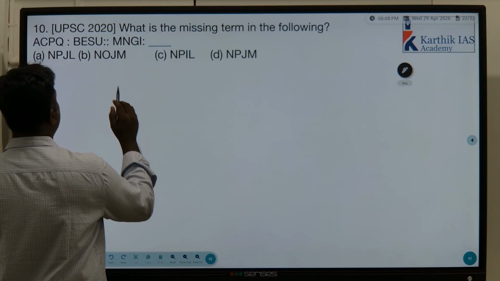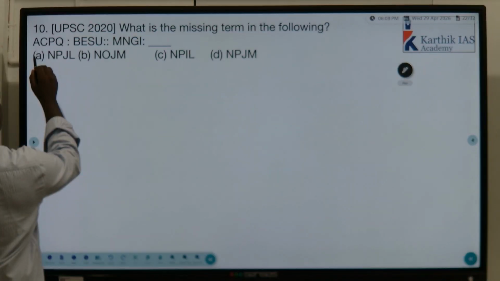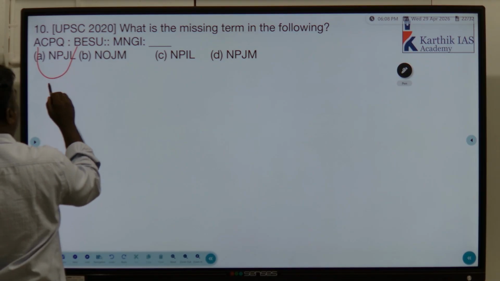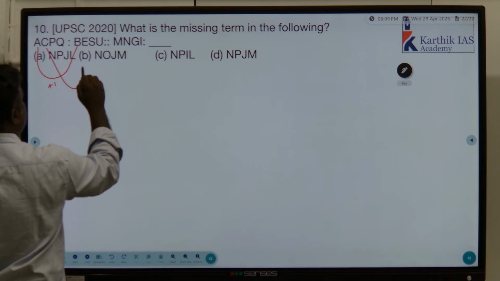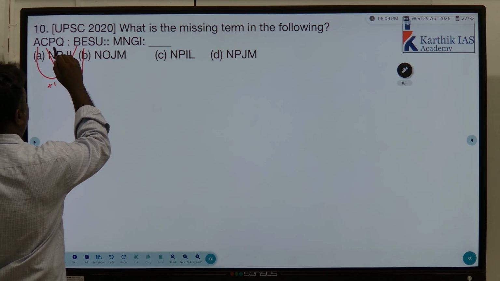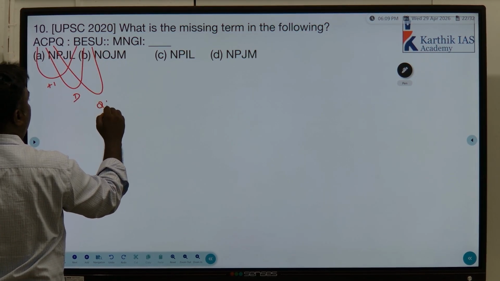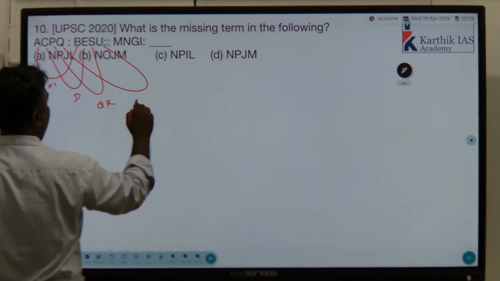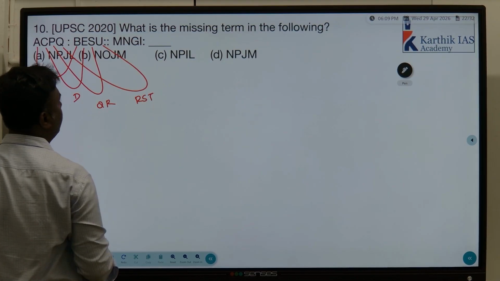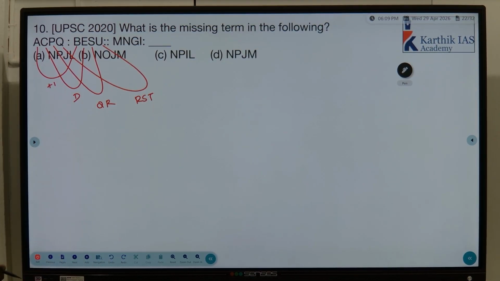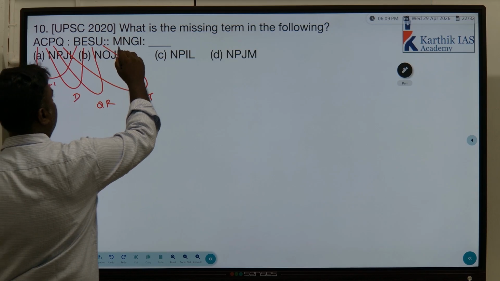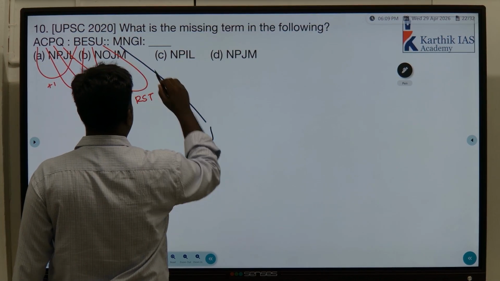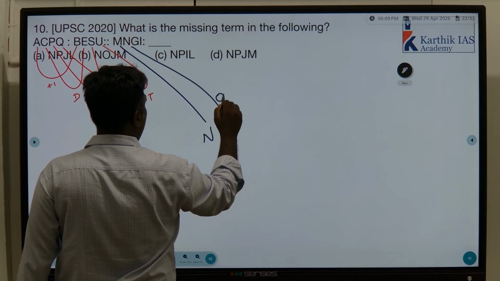So what you have to do is see the first letter coding: A B, the next letter itself. C D is missing. P Q R is missing. Q, then R S T, 3 letters missing. Similarly M, the next letter is N. N, M N O is missing.